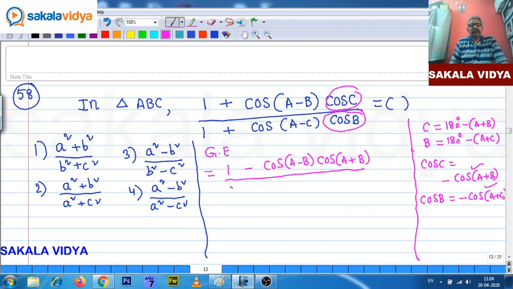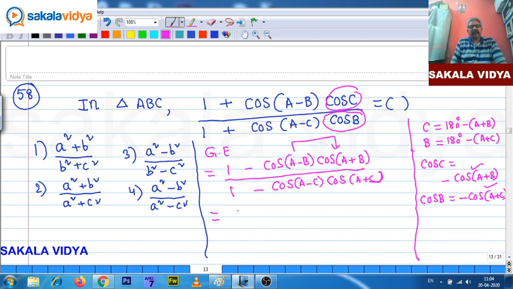Now this we can write 1 minus cos of A minus C into cos B is actually minus cos of A plus B, plus into minus minus cos of A plus C. See, this is the formula in compound angles we have studied.